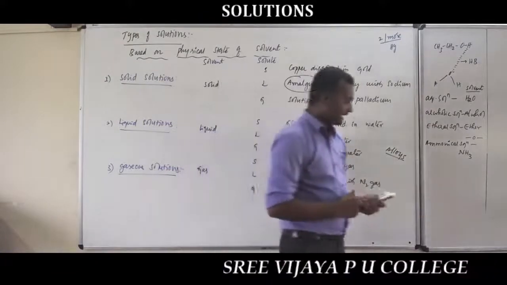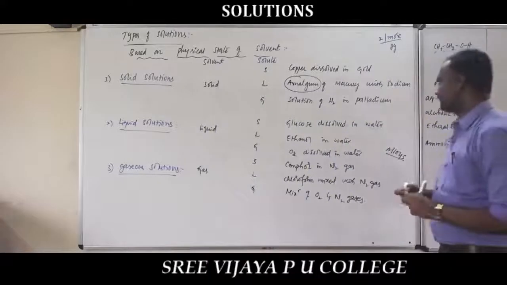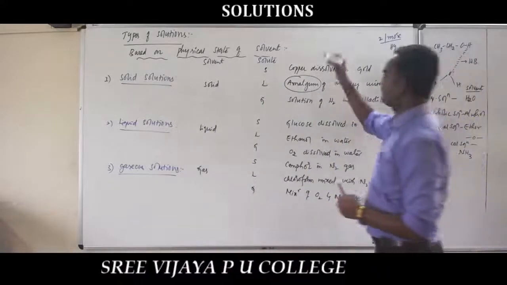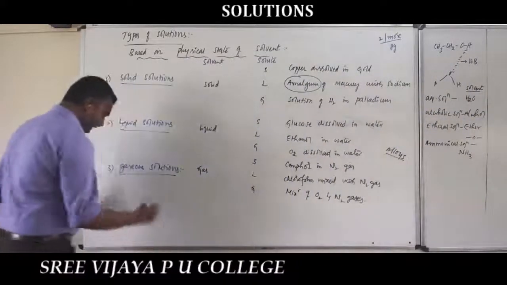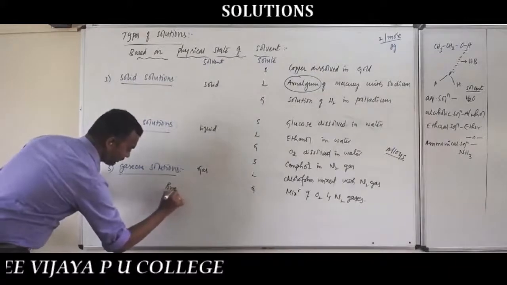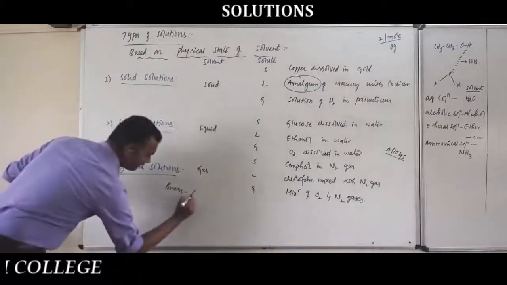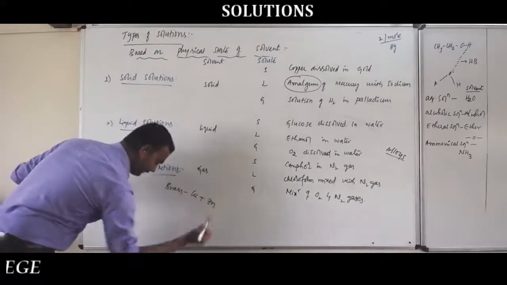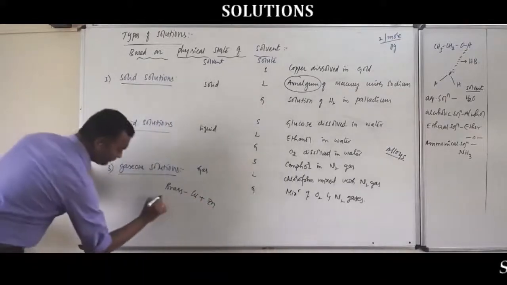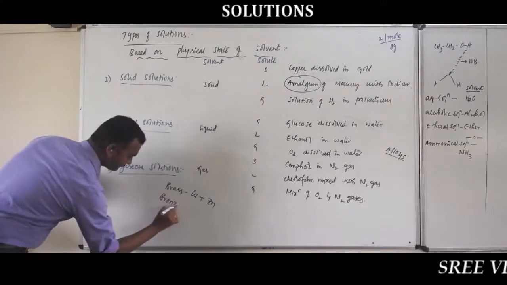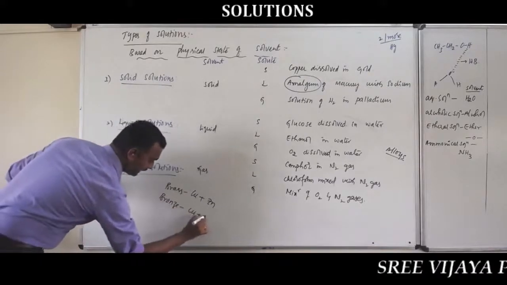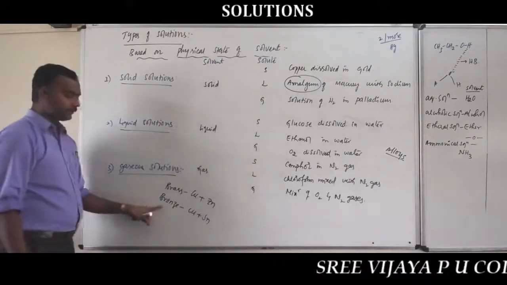Now let's take some examples. Let's take the example of brass. The composition is copper and zinc. Another is bronze, which is copper and tin. These are alloys of copper.